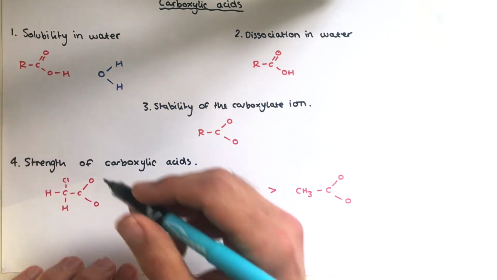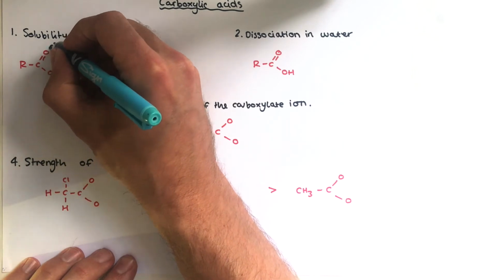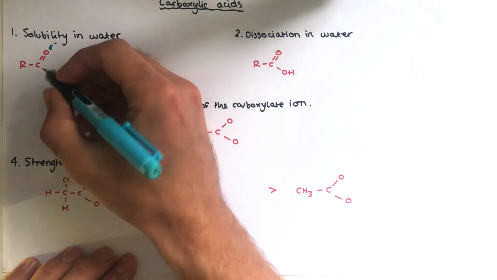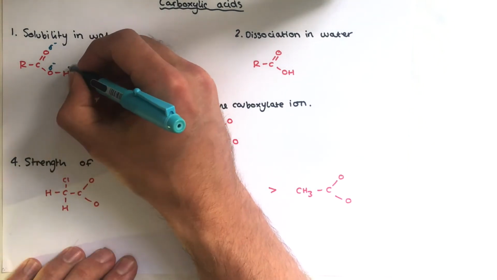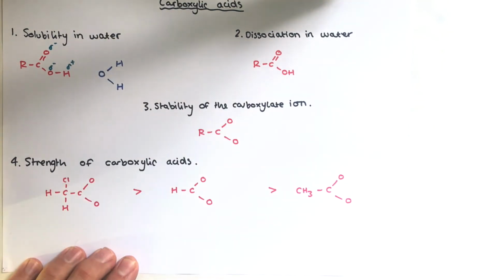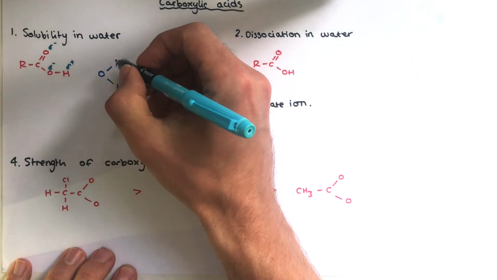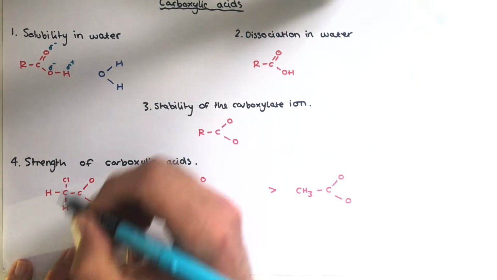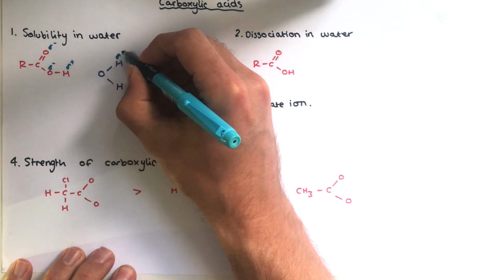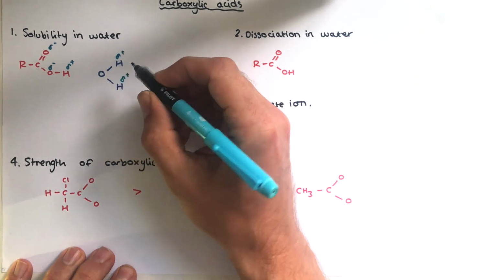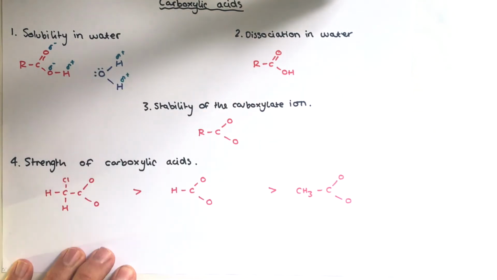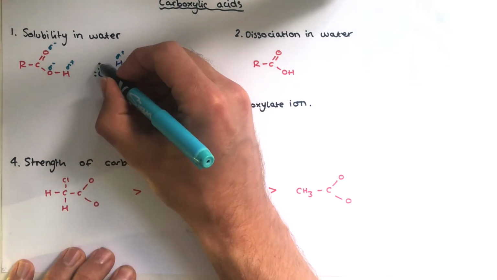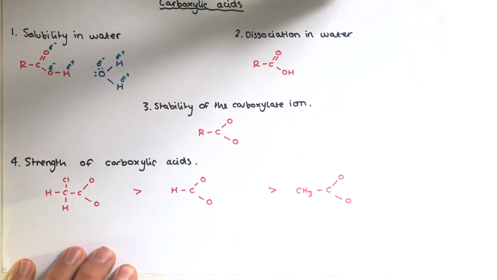So the first thing you need to be drawing is your dipoles. You need to draw all of the dipoles here. So the two delta negative oxygens on the carboxylic acid, the delta positive hydrogen here on the OH group, and then you also need to do the same thing on the water molecule as well. So we've got the two delta positive hydrogens here, and I would also draw the lone pairs of electrons on the oxygen and show that that one is delta negative.